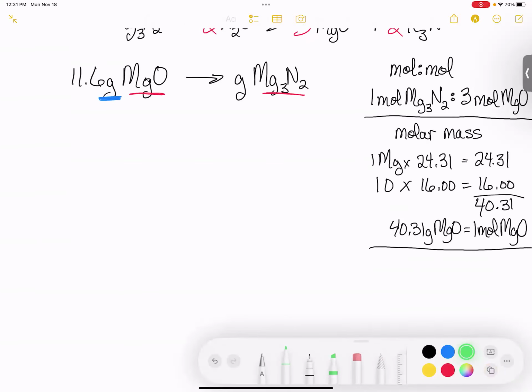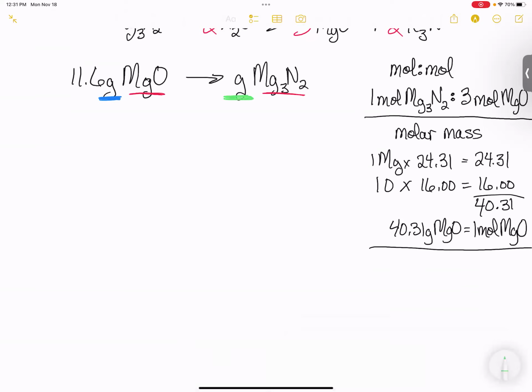I noticed that I have grams of magnesium nitride as well. What does that mean? If I have mass of magnesium nitride, what is my conversion factor going to be?